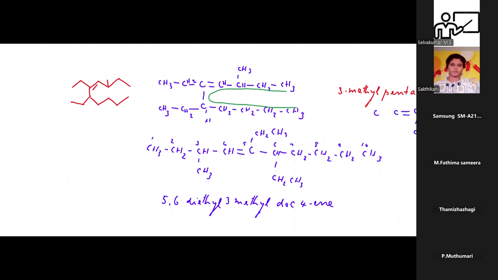So now the hydrogens are to be adjusted. CH3, 1, 2, the hydrogen is here. 1, 2, 3, 4. This 1, 2, 3, a hydrogen is here. So the structure is CH3, CH, double bond, C, CH3, single bond, CH, double bond, CH2. So this is the structure of 3-methyl penta 1,3-diene.